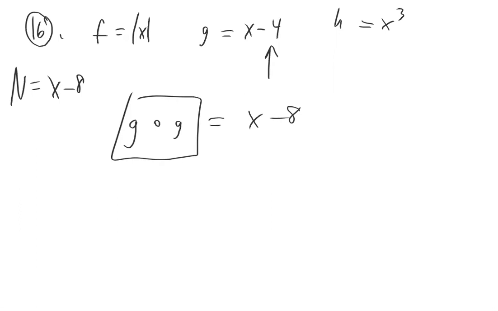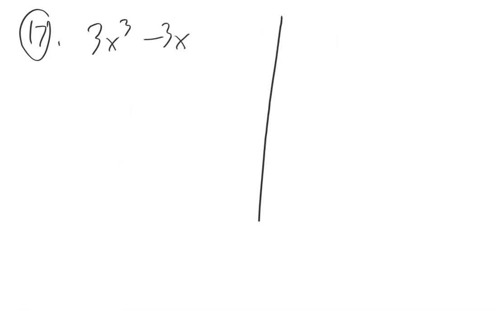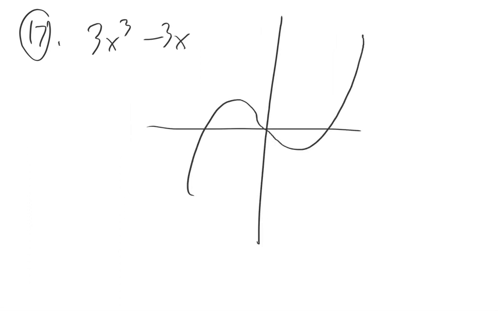All right, then let's try 17. So 3x cubed minus 3x, which looks like this. So is the function 1 to 1?